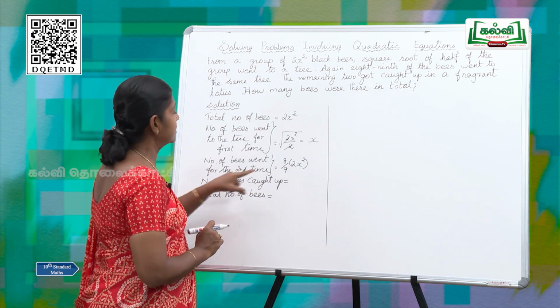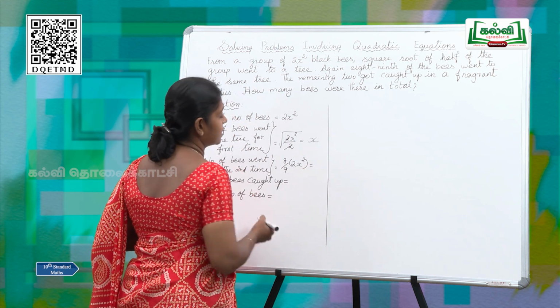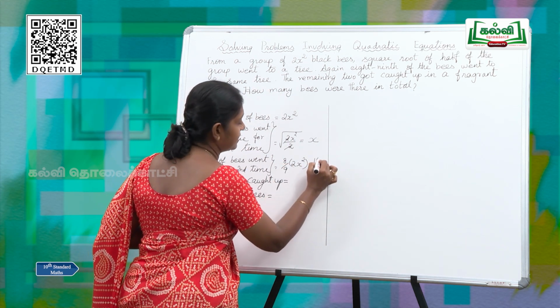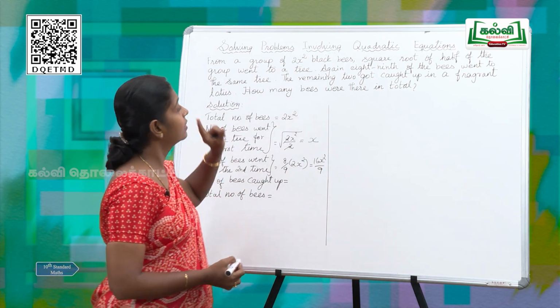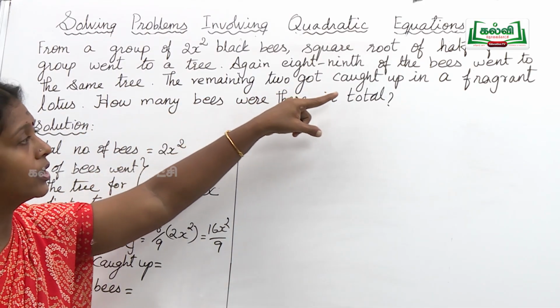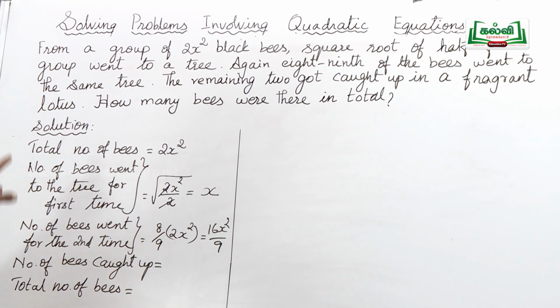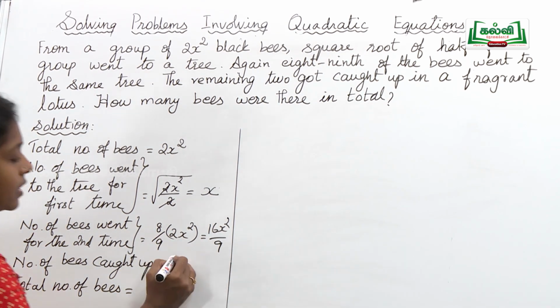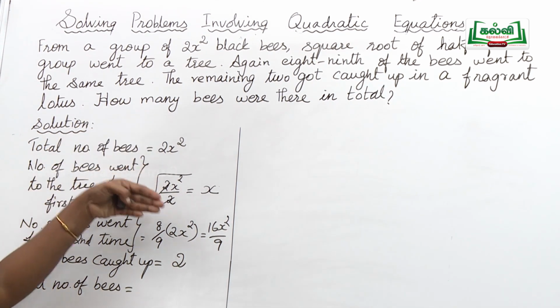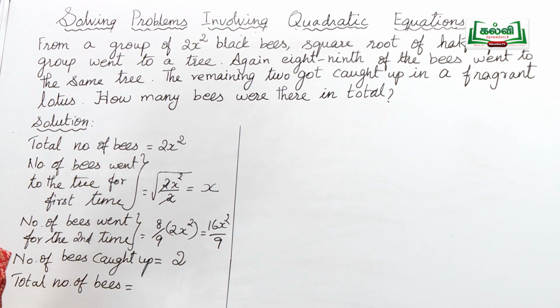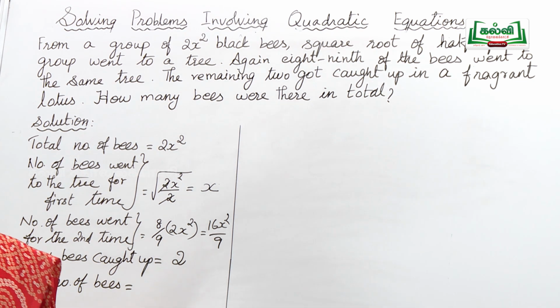Now listen, this is the other clue, that means 16x squared by 9. And finally, the remaining 2 were caught up in a fragrant lotus. So, the remaining bees are 2. So, we have to use these 4 clues and make the quadratic equation first.